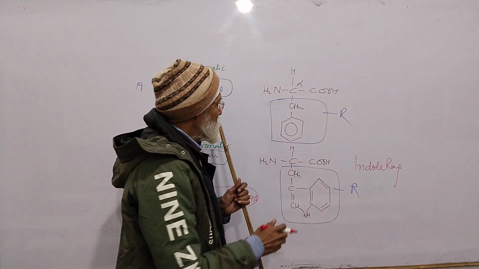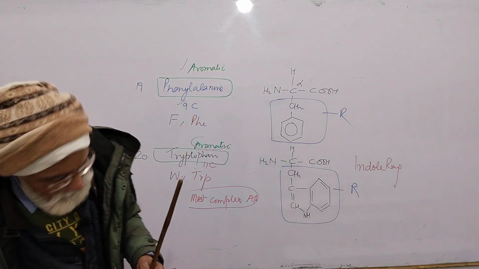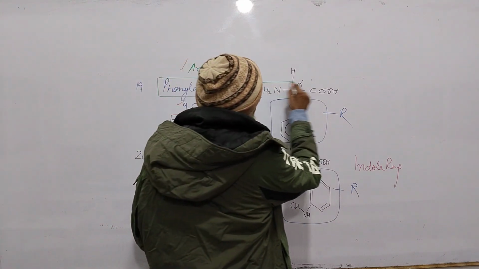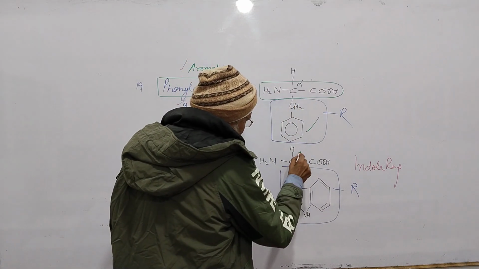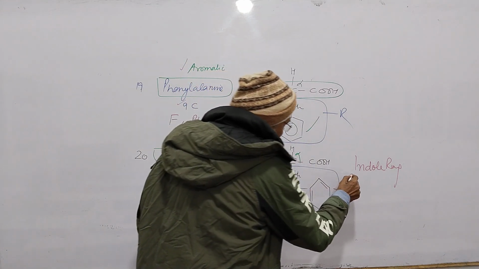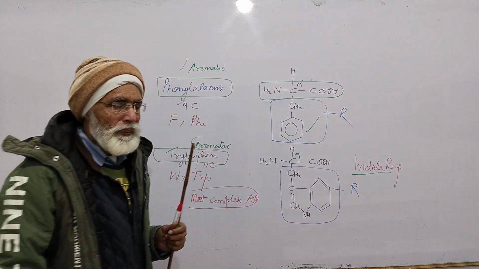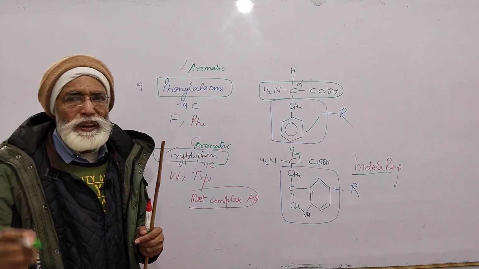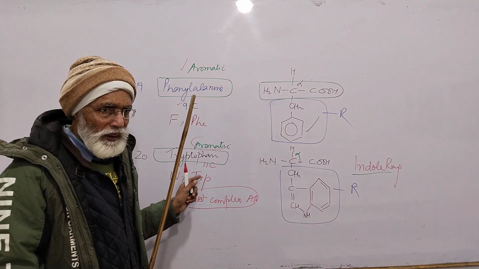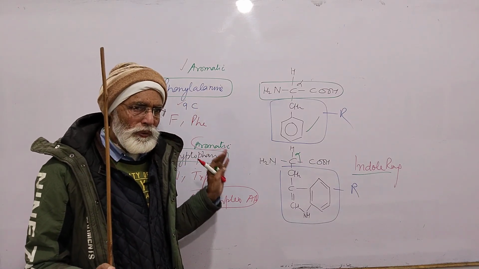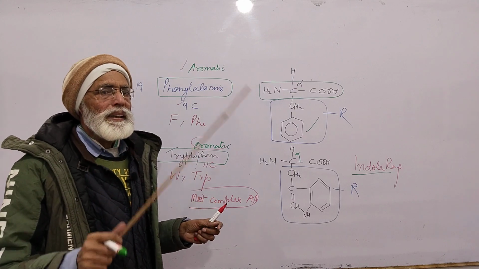Now a very important question is that it possesses, with the alpha carbon atom, a benzene ring and an indole ring. Very important. Which amino acid possesses an indole ring? Your answer is tryptophan.